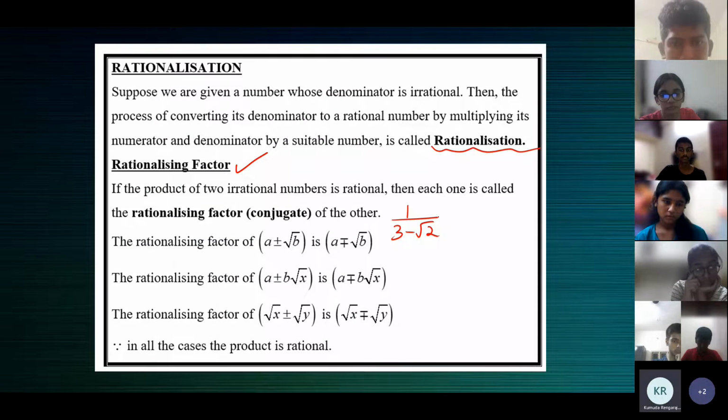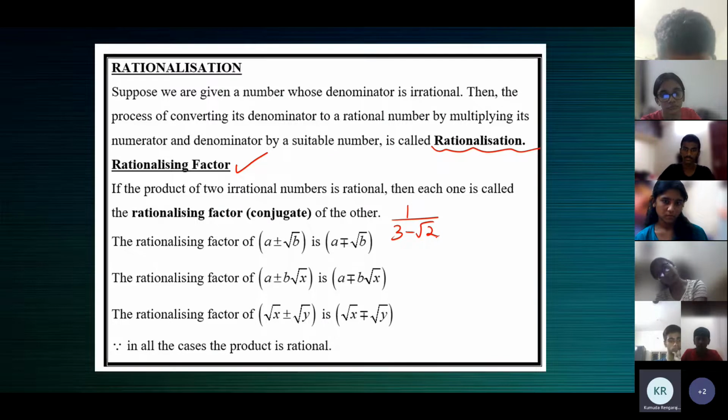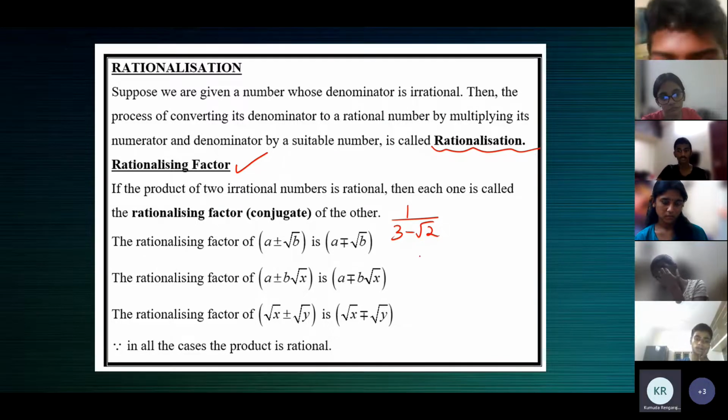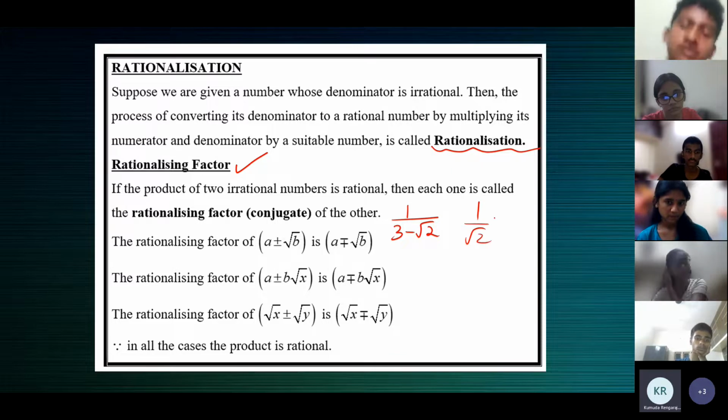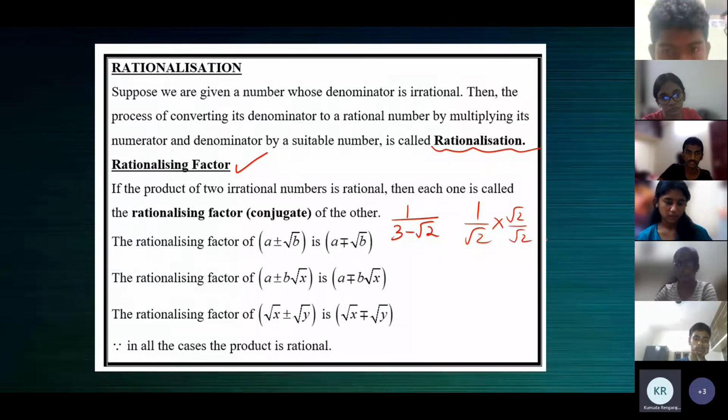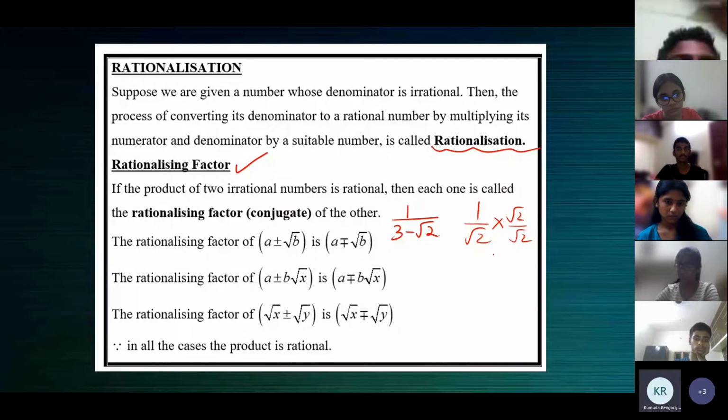All right. So now when we have an expression like 1 by 3 minus root 2, we'll work all this, children. Just listen now. When it was 1 by root 2, we multiplied the numerator and denominator by root 2 to rationalize the denominator.